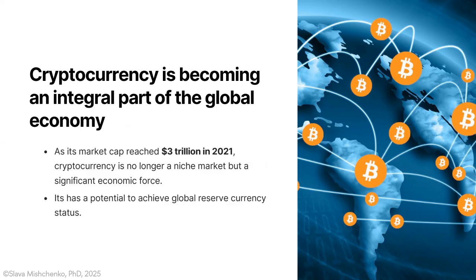But now it's become impossible for the traditional financial world to ignore it. For example, major banks are creating crypto trading desks, institutional investors are adding it to their portfolios, and even central banks are exploring their own digital currencies in response. And this transformation represents one of the most significant shifts in global finance, I think, since the advent of electronic banking.